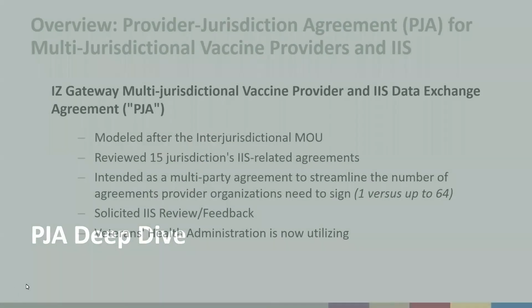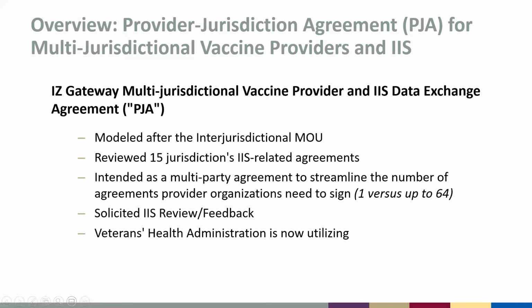So let's go ahead and do a deeper dive into this provider jurisdiction agreement. So first we're going to overview and then we're going to go into some of the key terms. First, you should know that this was modeled after the interjurisdictional MOU that, I think, well over 50 jurisdictions have already signed. And it was informed by reviewing 15 jurisdictions' IIS related agreements.